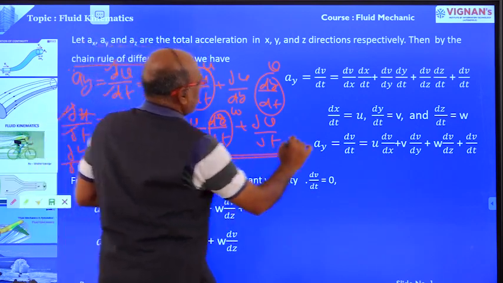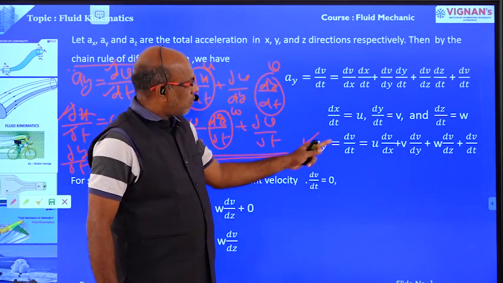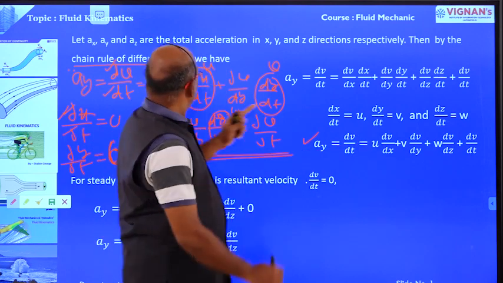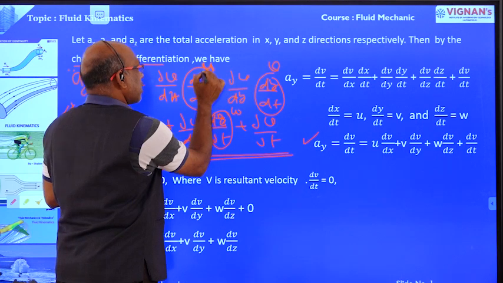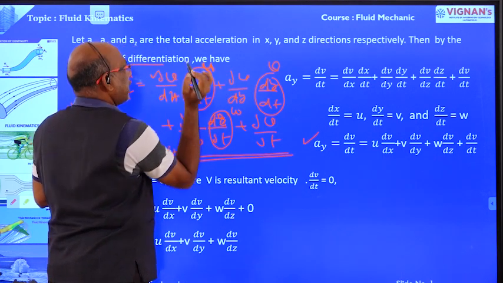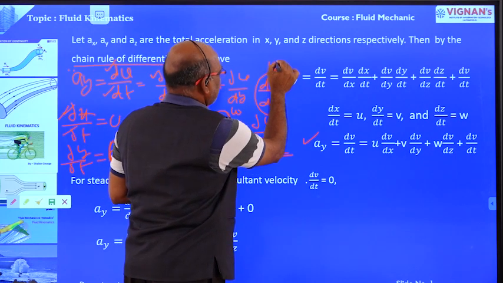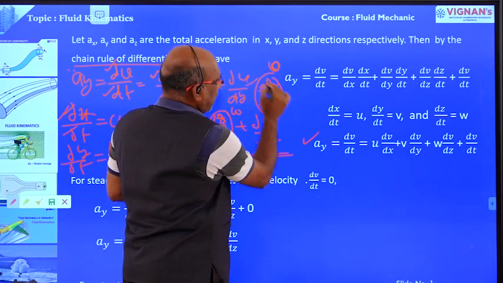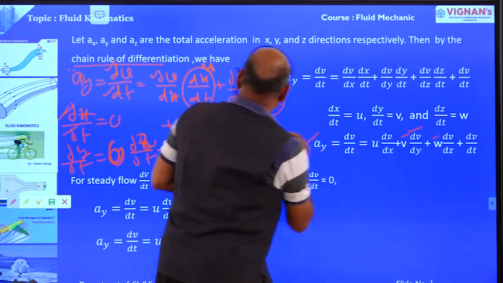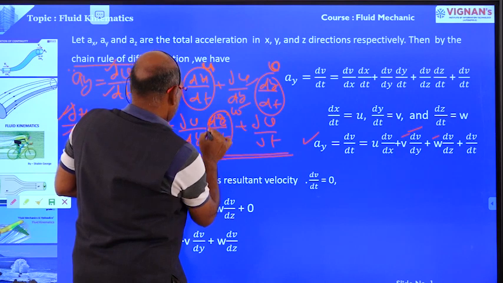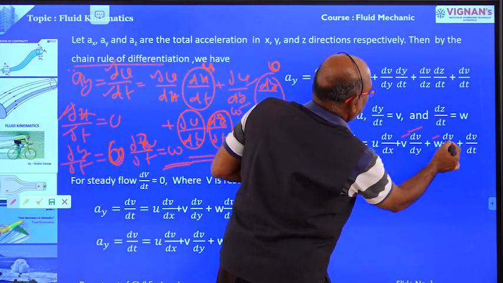So from this equation, the acceleration in y direction is equal to u, the velocity component in x direction, into dv by dx, and the velocity component v in y direction into dv by dy, and w into dv by dz.